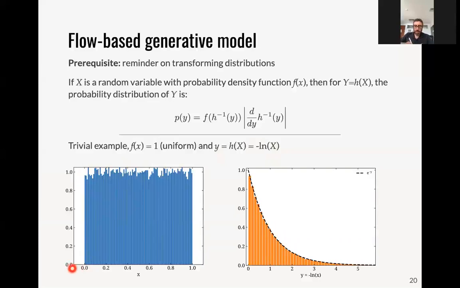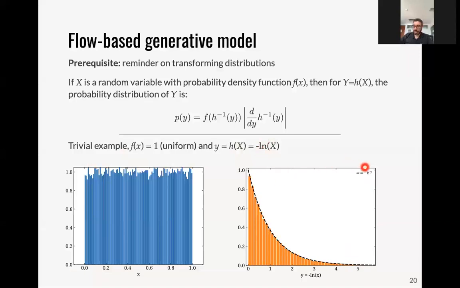So I'm plotting on the x-axis x, and the y-axis is the normalized frequency of how frequent each x occurs, right? So this is a distribution, and of course all x's are equally probable, which means f of x is 1. So you have a uniform distribution. Then these x's I feed into a logarithmic function, but what I get as a distribution, of course, is e to the minus y, right?